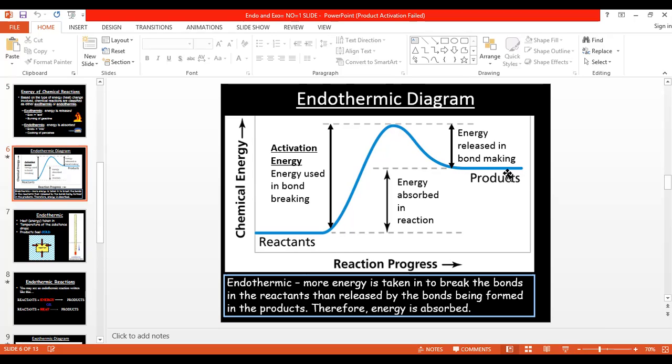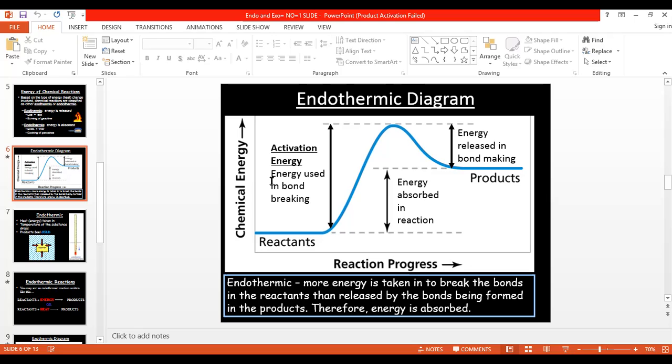towards the product. This blue line actually represents only two things. First, it shows the energy used in the bond breaking process. This black arrow shows how much energy, and on the left side this black arrow we call activation energy.